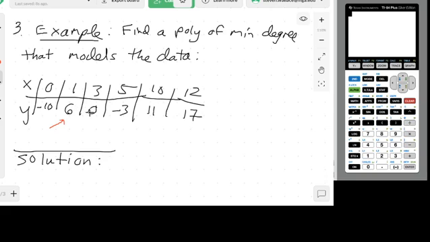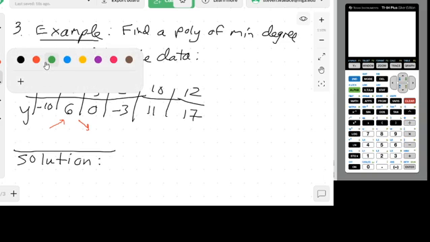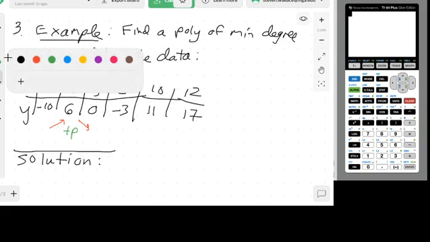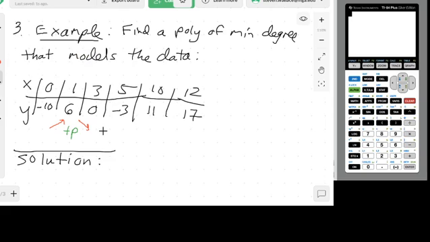Okay, but then look, we go from negative 10 up to 6, and then we go from 6 down to 0. So that means we have a turning point in the data. So we want to have a turning point in our function as well. We're still going down from 6 to 0, then 0 to negative 3.